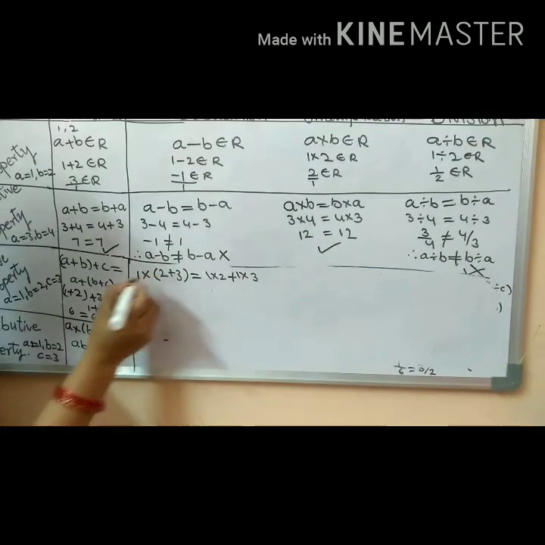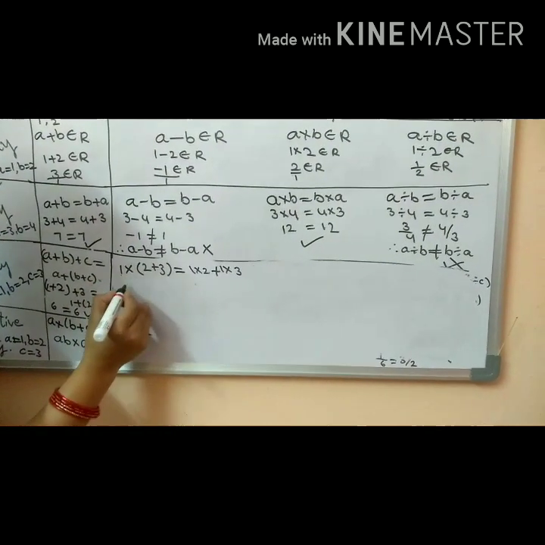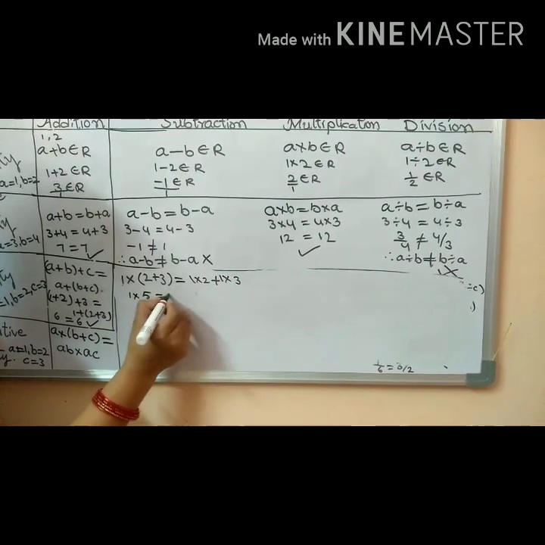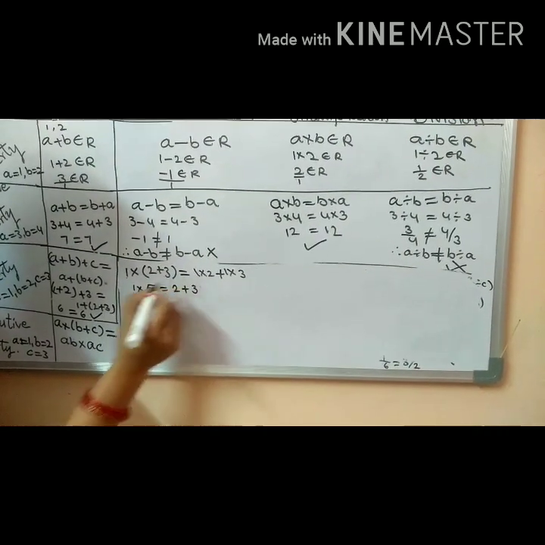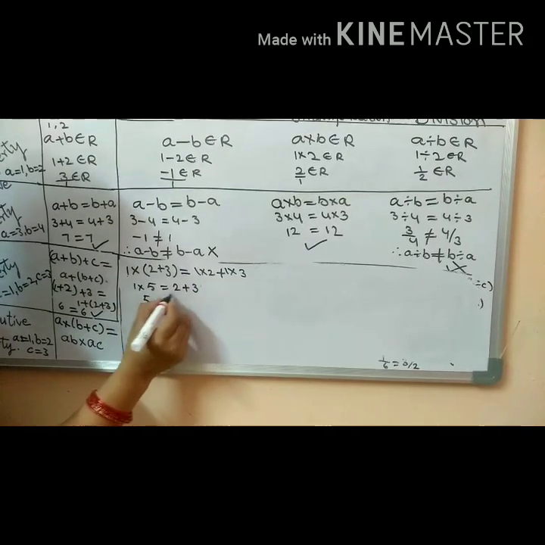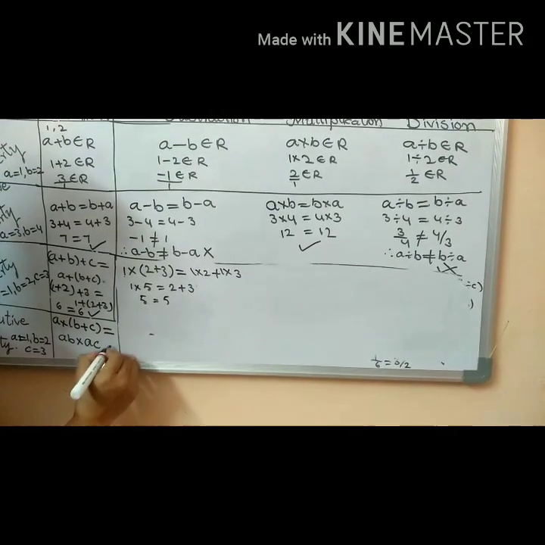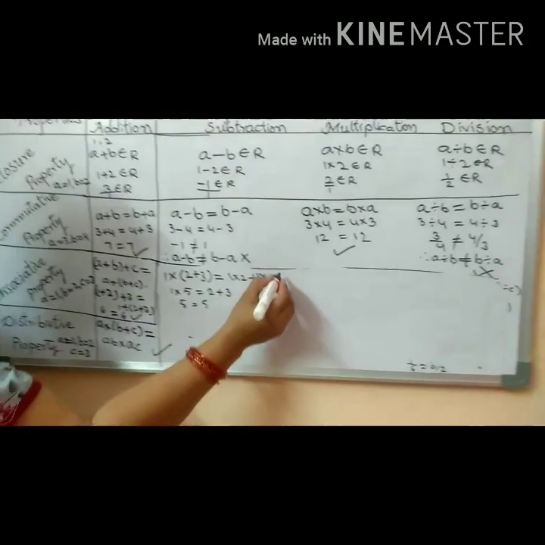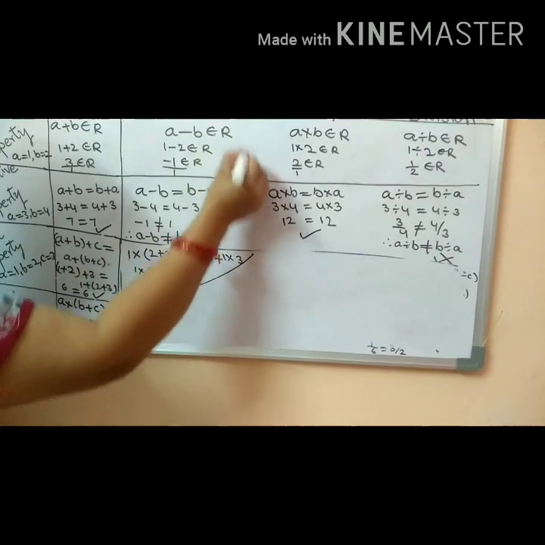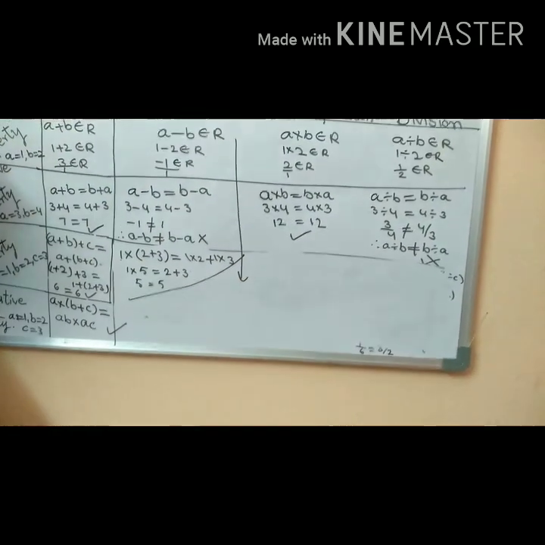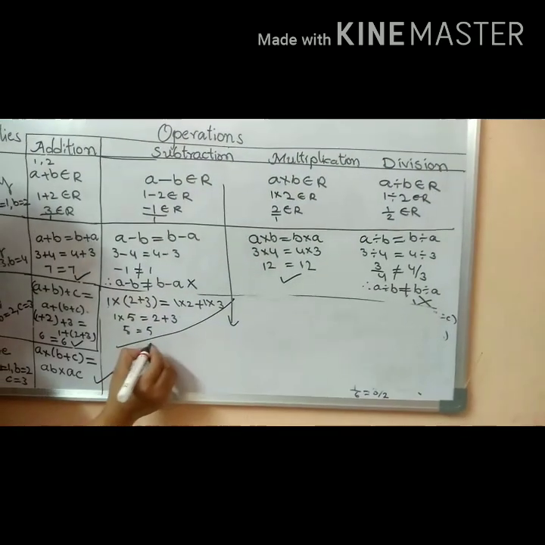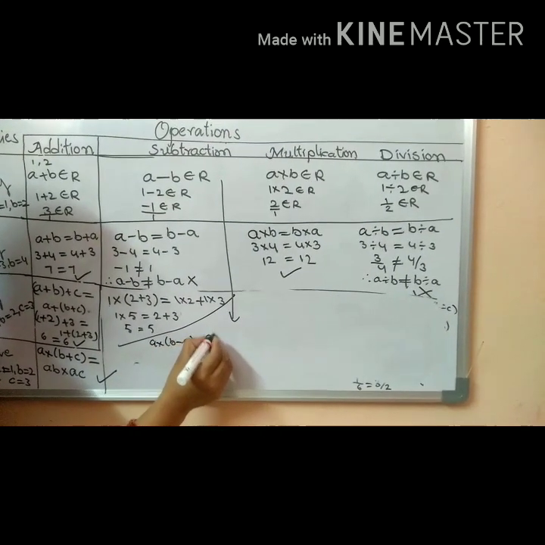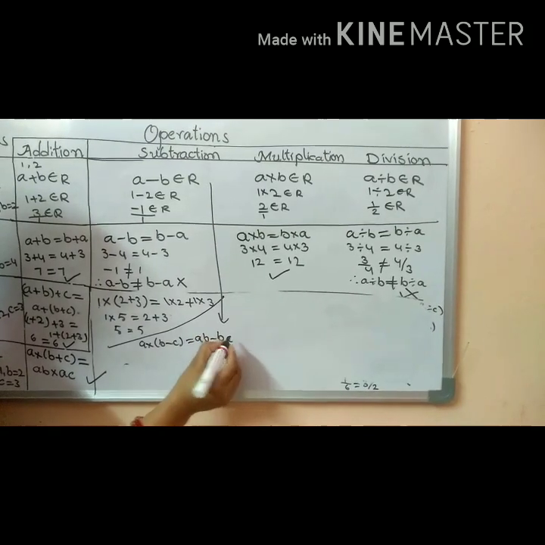So here 1 into 2 plus 3 is 5, equal to 2 ones are 2 plus 1 three is 3. So here 5 equals 5. So under addition it is possible. Next, in the case of subtraction, it is A into B minus C equal to AB minus AC.